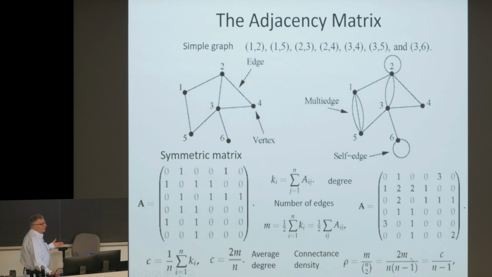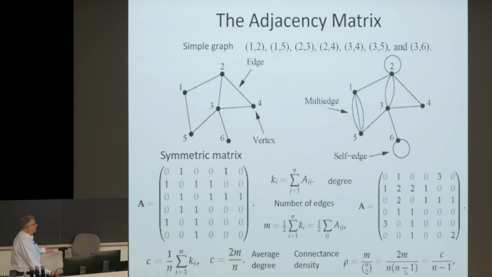All the examples that I talked about before are networks which are really sparse, where this density goes to 0, because you see n square, the square of the number of nodes, in the denominator, and the number of links in the numerator.